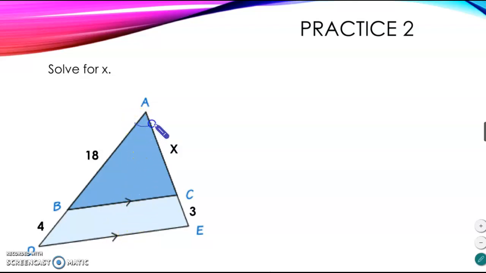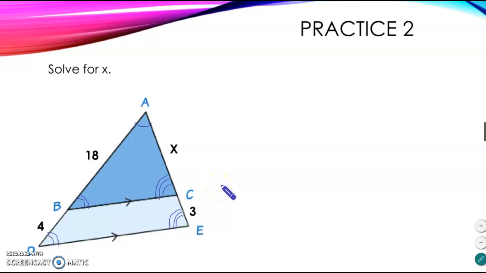I have them sharing angle A, the big triangle and the small one, and then also these angles, because of those parallel lines, are also the same size, and so are these two angles in the bottom right here. And so because of this, the two triangles are similar to each other, and we can set up a proportion.